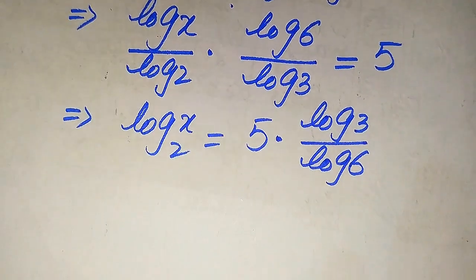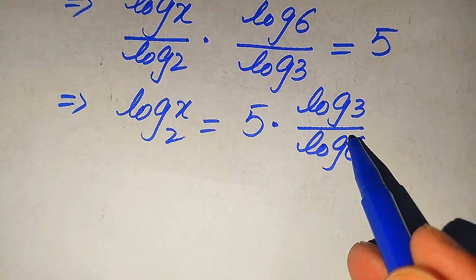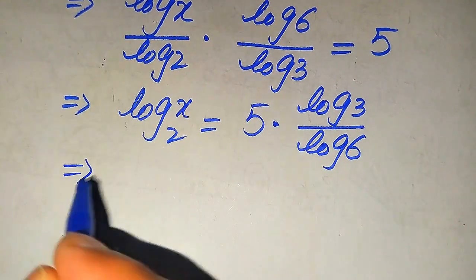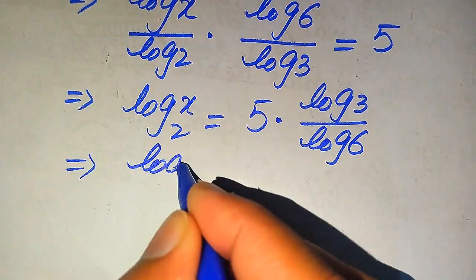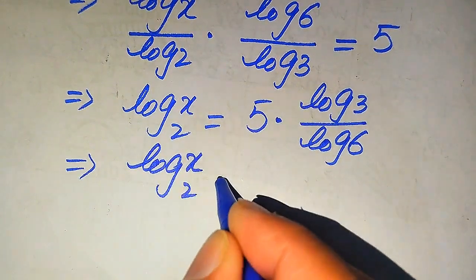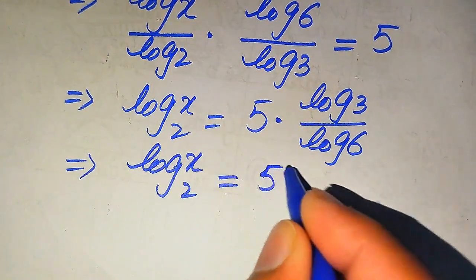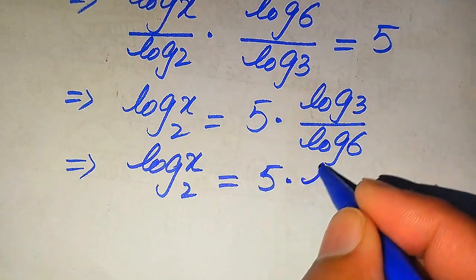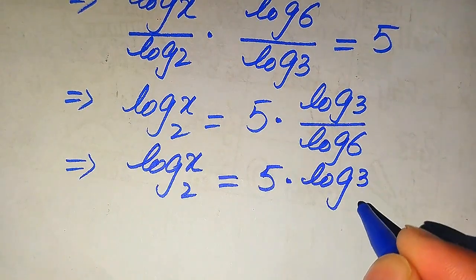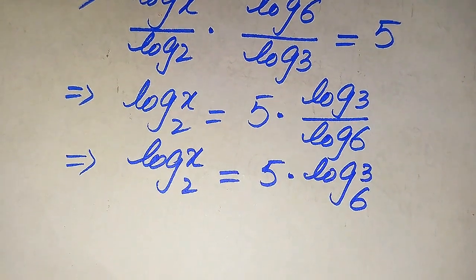Okay, so now we again write these terms in the combined log form, so it becomes log of x with base 2 is equal to 5 times log of 3 with base 6.